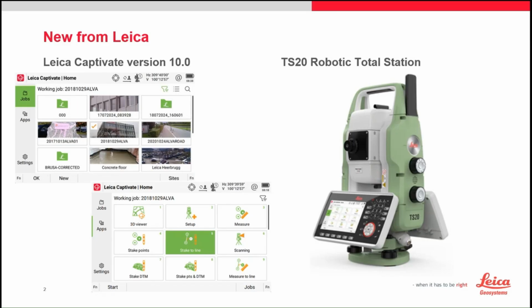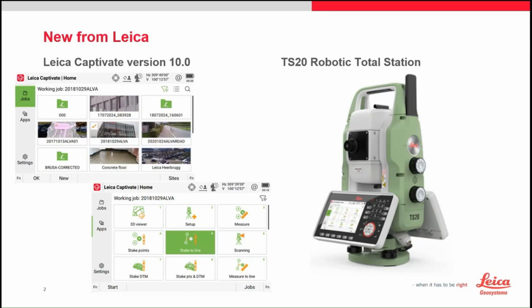The TS20 Robotics Total Station is all new. It has newer, faster motors, a new camera, new optics, a faster EDM. And the big thing now is that it incorporates AI into its workflow. With its new advanced camera and NPU, it can recognize targets better than ever in adverse conditions.